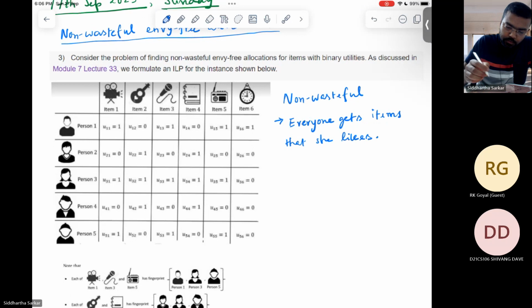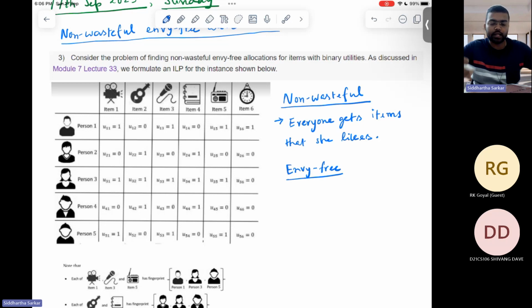The second property is envy free. Envy free, as you can probably guess, means that you assign the items in a way that no person is jealous of another person. We will define that formally.